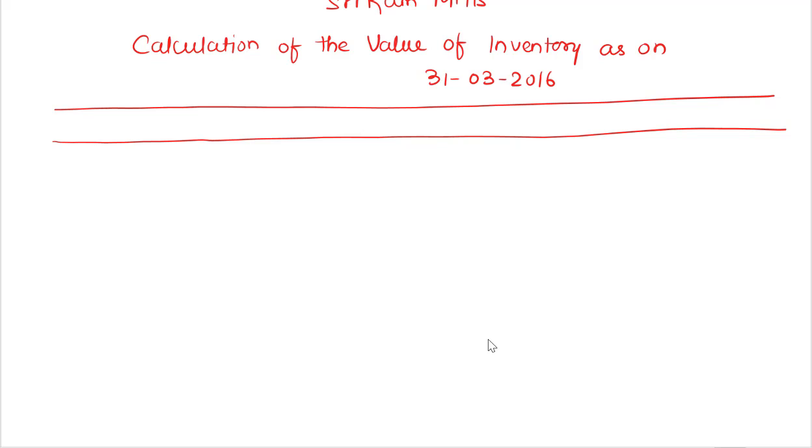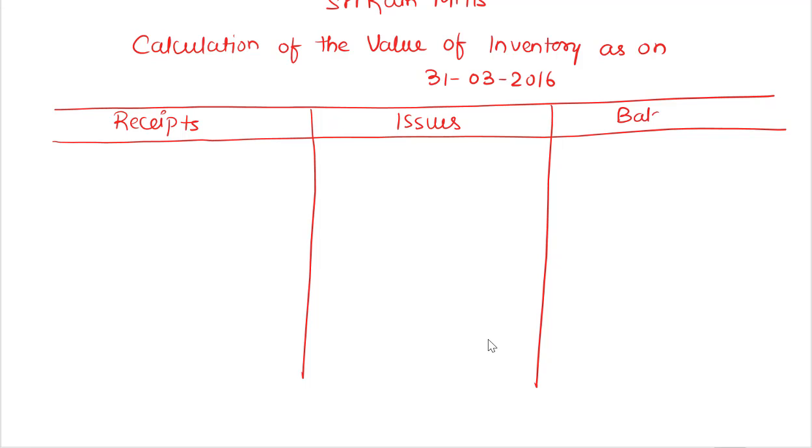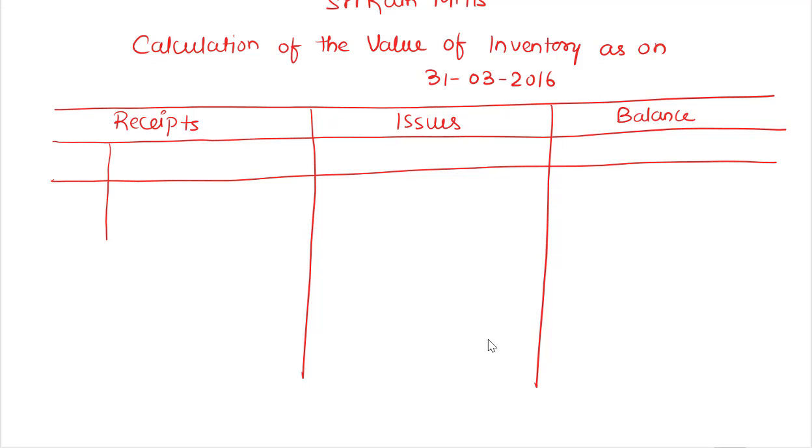Make the chart along with me. Three big columns. First is receipts. Then we have issues. And at last we have balance amount. First is date.